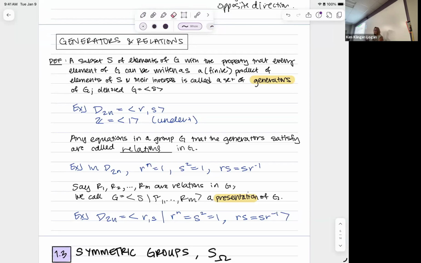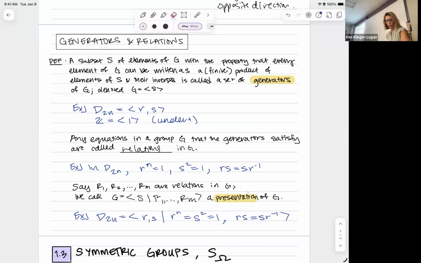And then also some sort of way of going back and forth between the relations, that the relations are equivalent in some sense. Good. Other questions?